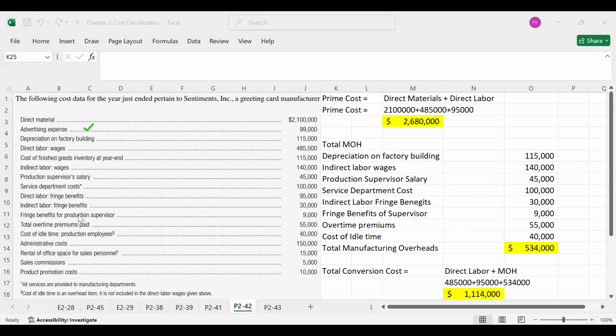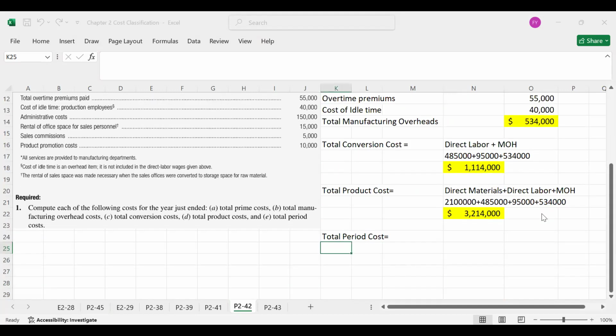Then we have administrative expense, rental for sales personnel, sales commission, and product promotion cost. So all these costs are part of period cost, or another name of period cost is operating expenses or non-manufacturing expenses.